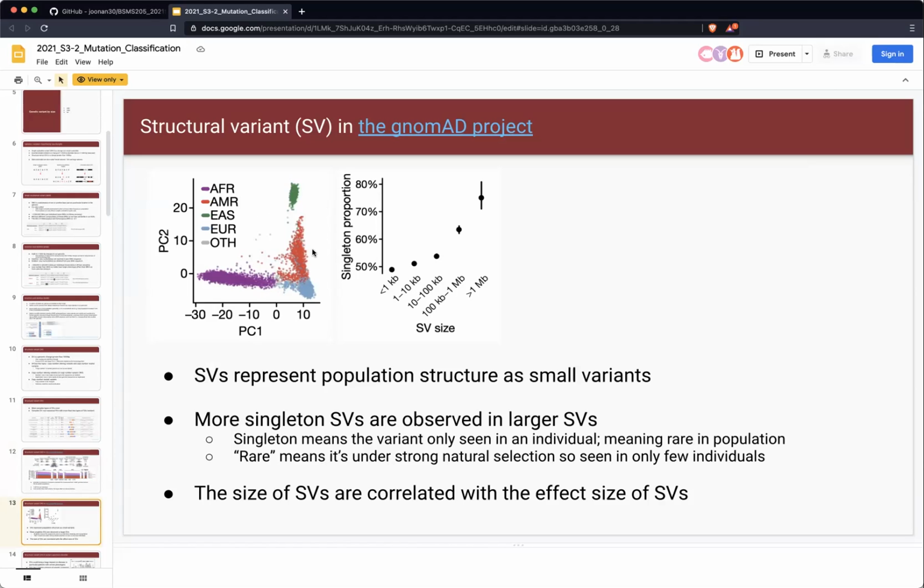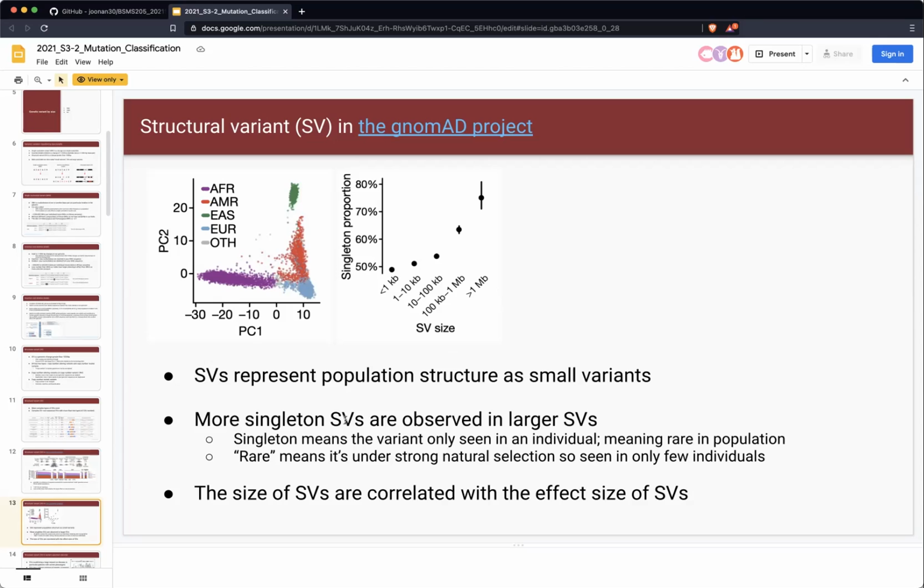Another point is that the size of structural variation ranges from very short to very large. The shortest one is around 1,000 base pairs, and the largest one is greater than 1 million base pairs, which is a huge genomic change, right?